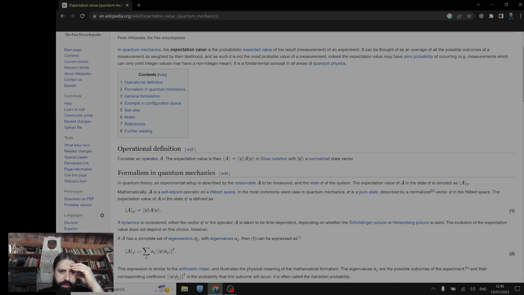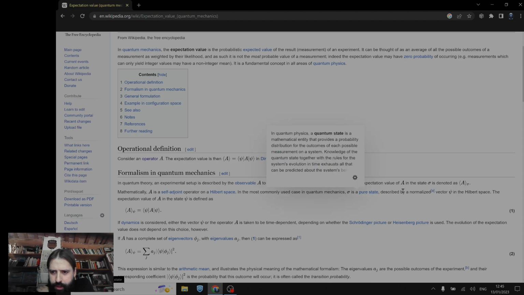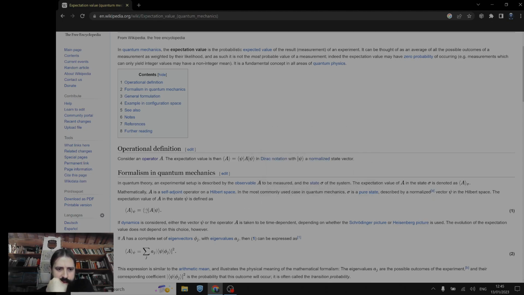In quantum theory, an experimental setup is described by the observable A to be measured, and the state of the system. The expectation value of A in this specific state is denoted like this. Mathematically, A is a self-adjoint operator in the Hilbert space, pure state, and then this is a formula for that.